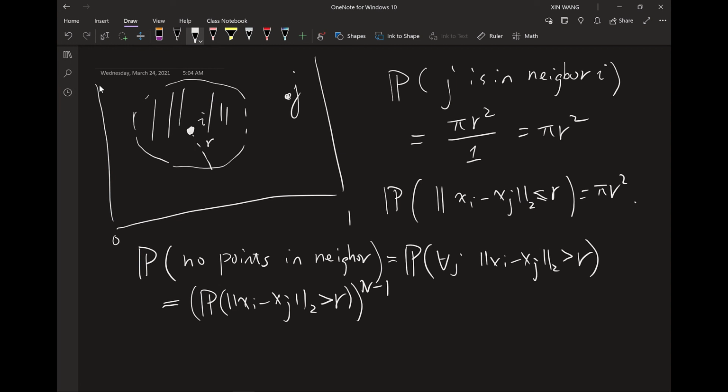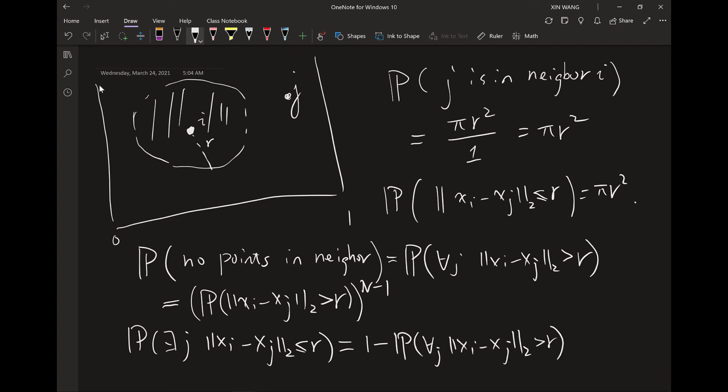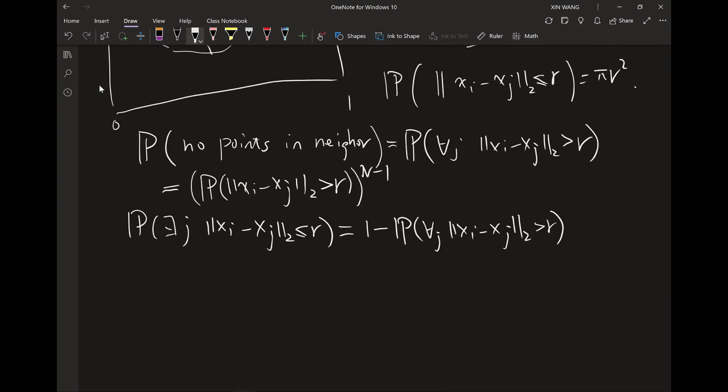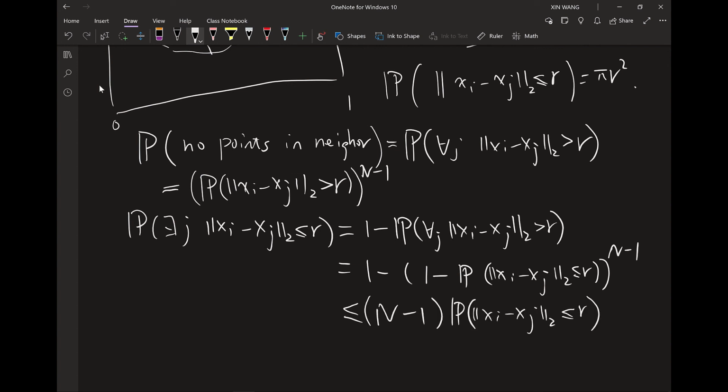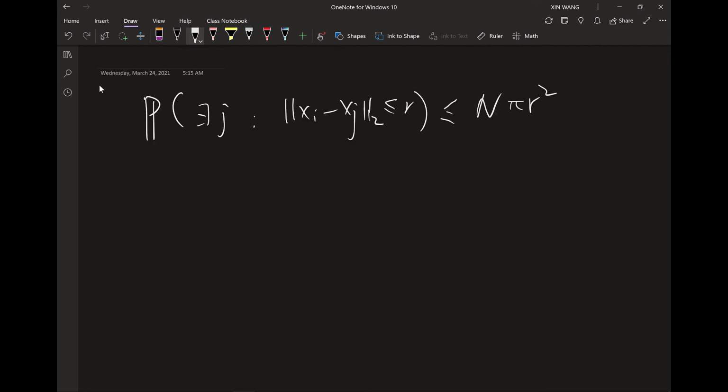On the other hand, the probability that there is a point inside the neighborhood is the contrary of all points being outside. And then this equals a summation, and using Taylor expansion we can easily prove that this is smaller than or equal to n-1 times the probability, pi r squared, and this is smaller than or equal to n pi r squared.